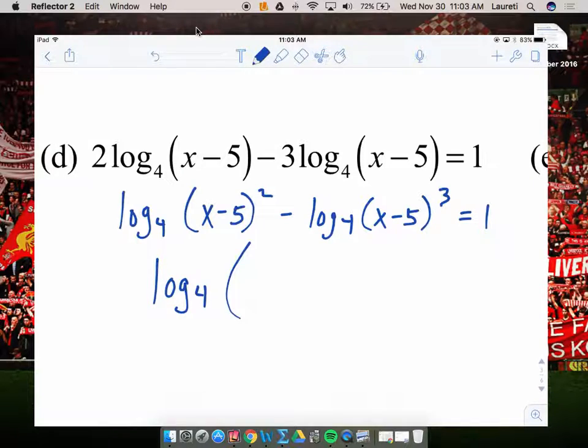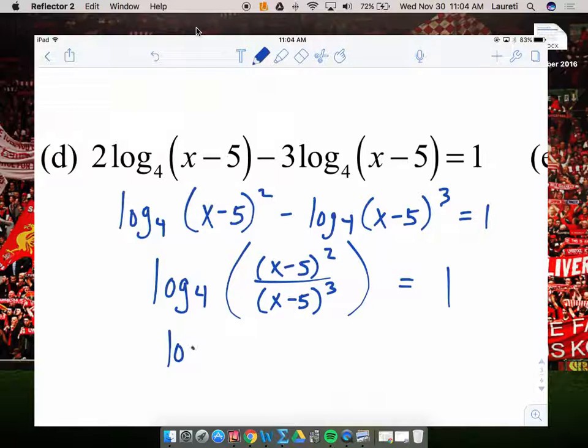So log base 4 of (x minus 5) squared over (x minus 5) to the third equals 1. Right, the x minus 5s are going to cancel. Now to get rid of the log base 4, you would raise 4 to both sides.